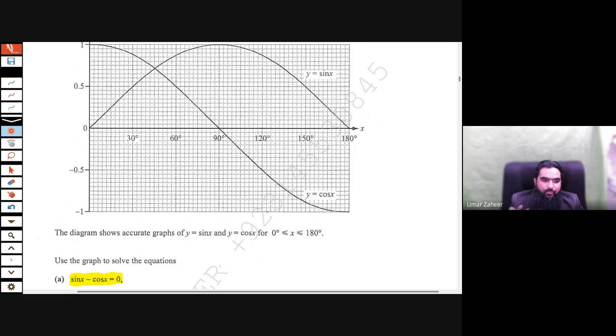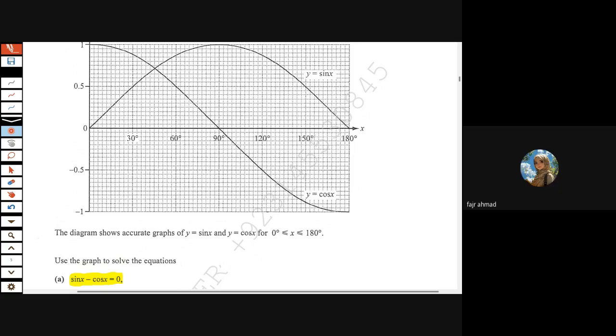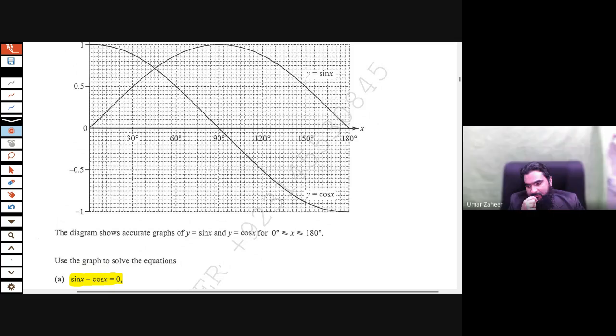What can you conclude from here? That both values are equal. Yes, you got the point. If you subtract two values and the answer is 0, this means that both values are equal. So look at the graph for the point at which both values are equal.